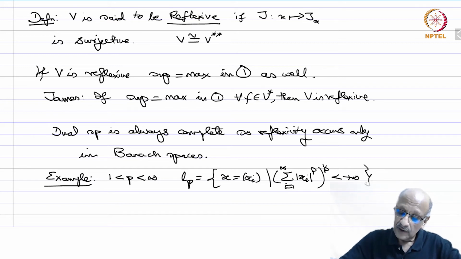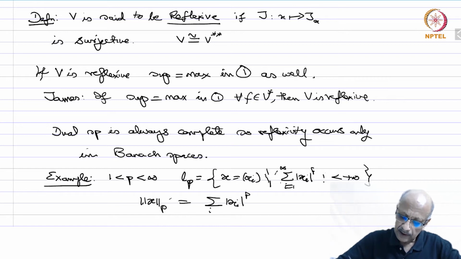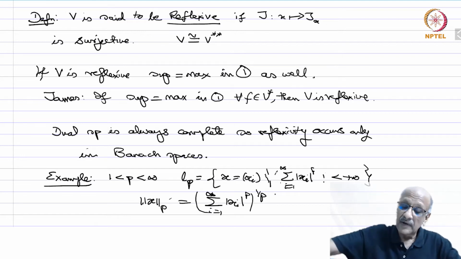And you have the norm of x in p equal to (sigma mod xi power p, i equals 1 to infinity) whole power 1 by p. So this is a Banach space, and we have seen this.